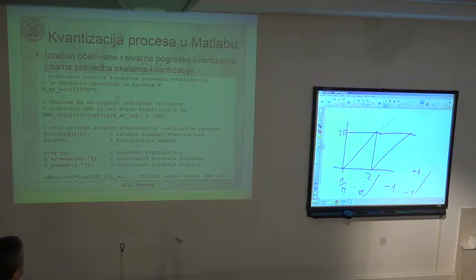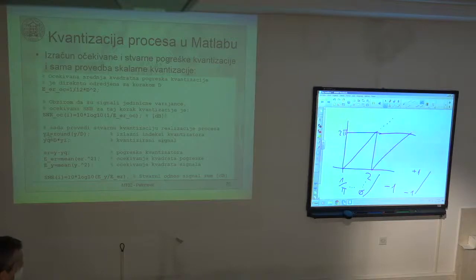All these expressions are based on theoretical derivation. Now I can actually apply this step size to do the quantization. I use this delta, capital D, and I round the ratio of the signal divided by the step size to get the index.